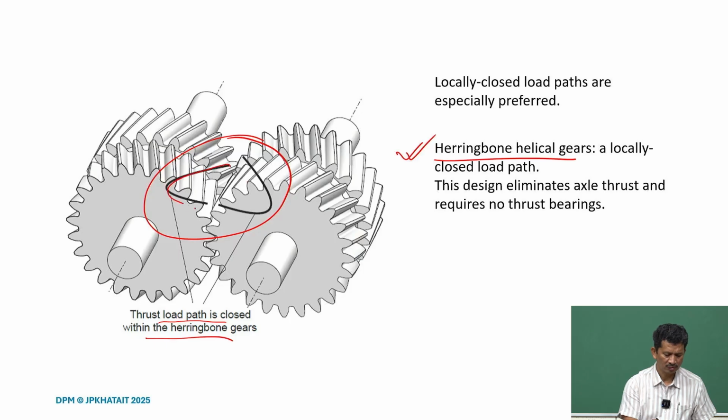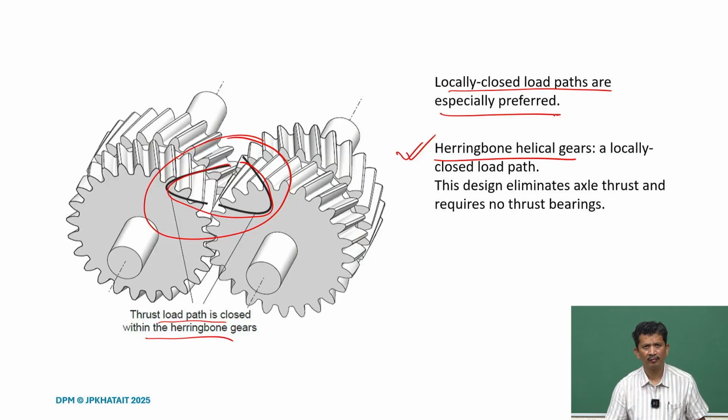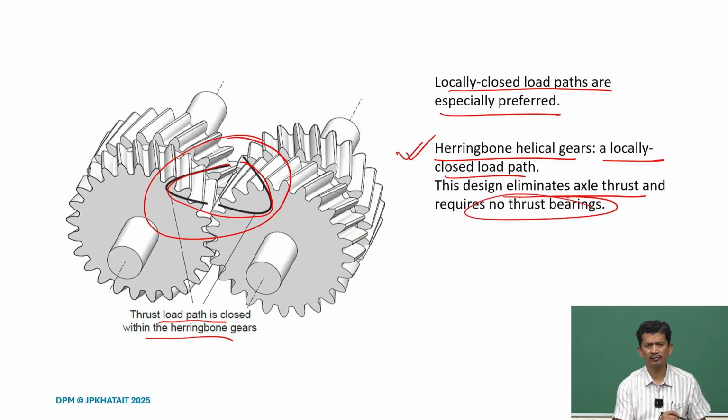So, it just cancels out locally. Locally closed load paths are preferred if it is possible. In this case, it is a locally closed load path. The design eliminates axial thrust, and it eliminates the thrust bearing also. So, it is a saving again if we try to localize the load path.